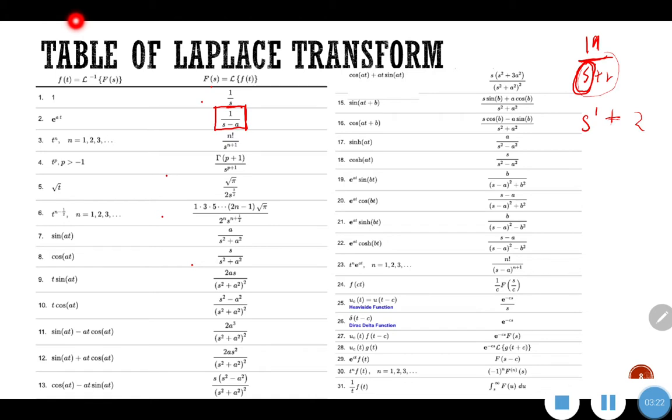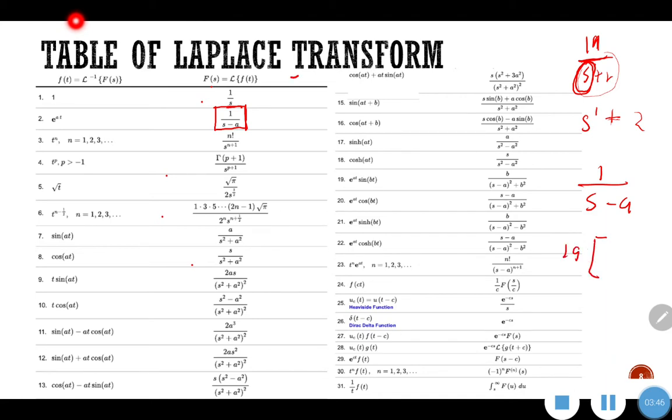Alright. Okay, so yang ni tak ada plus, but the closest we have is 1 over s minus a. Okay, doing this you have to kena tilik je lah table ni, table of Laplace transform. So we try to relate. 19 you can put out.